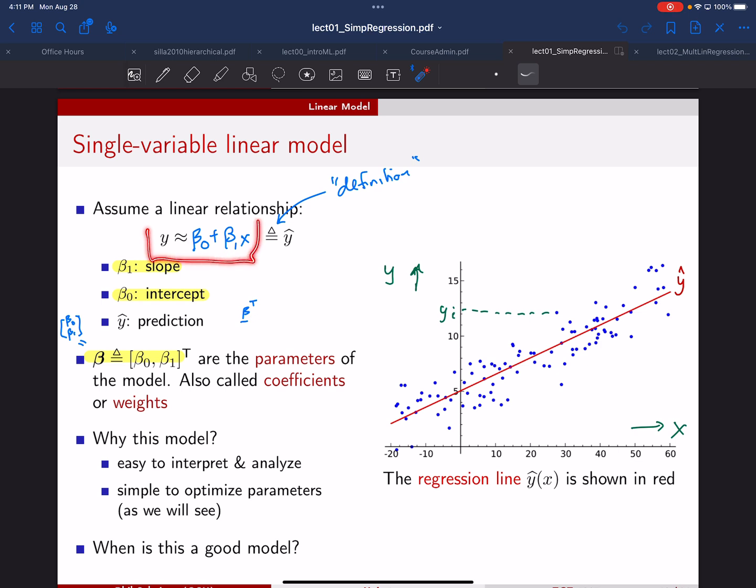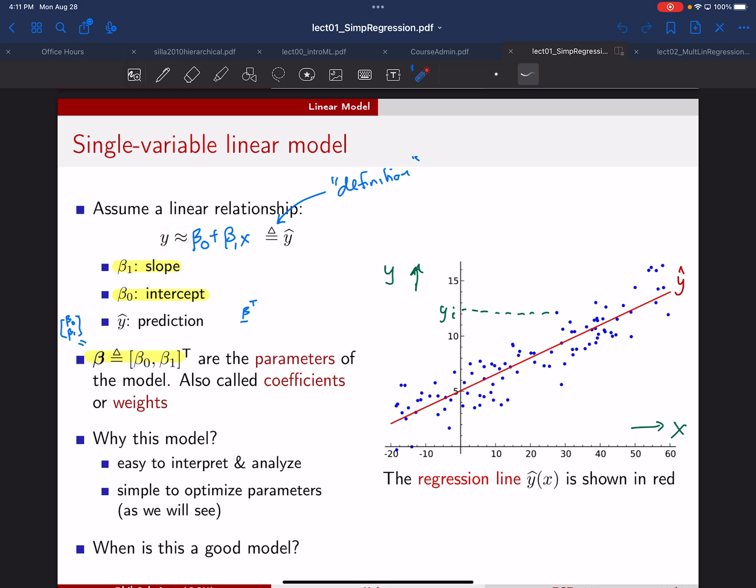So this is just an approximate model, and you can see here in this picture that it's not exact. So we have beta 0 plus beta 1x is this red line. The actual examples of x and y are the blue dots, and you can see they're not on that line. So that's why we use the approximation.